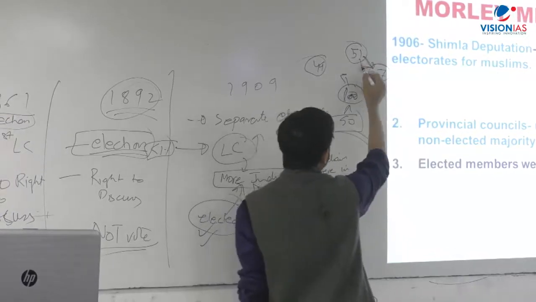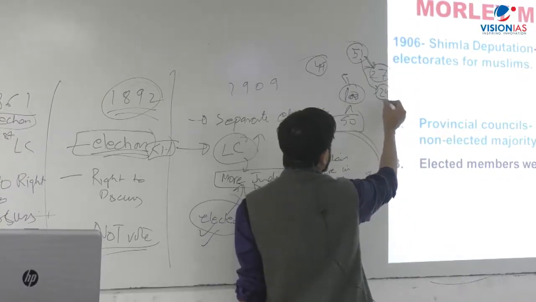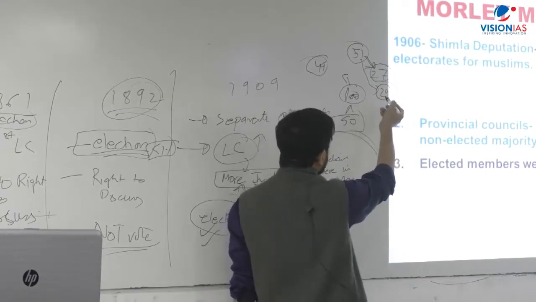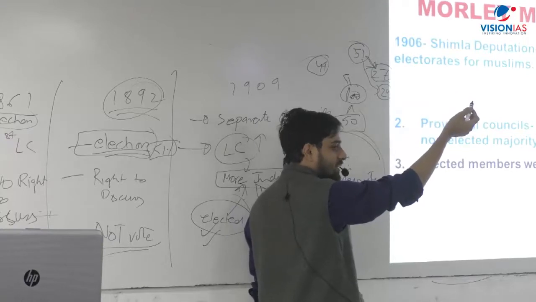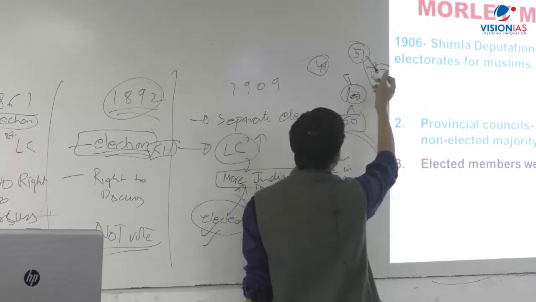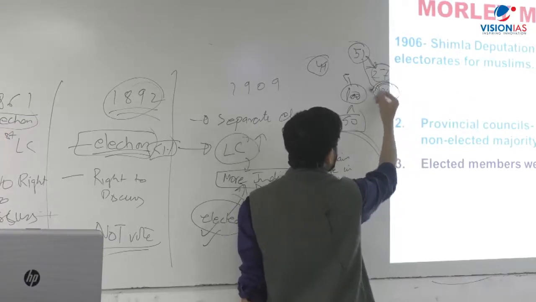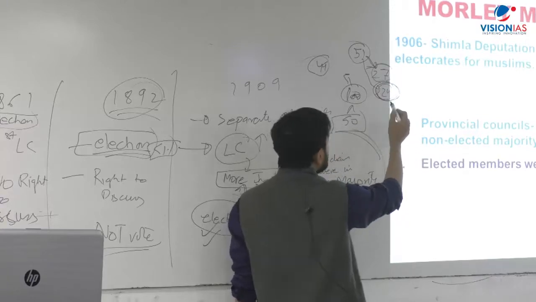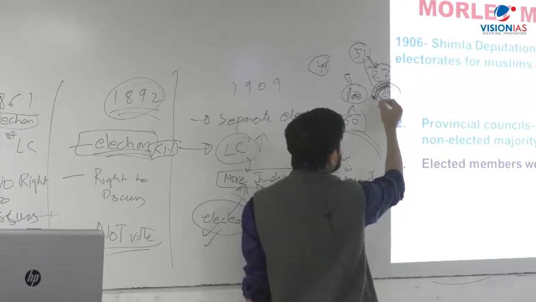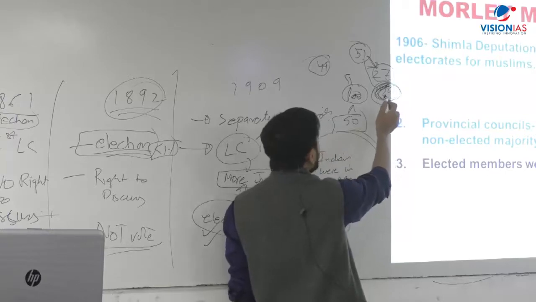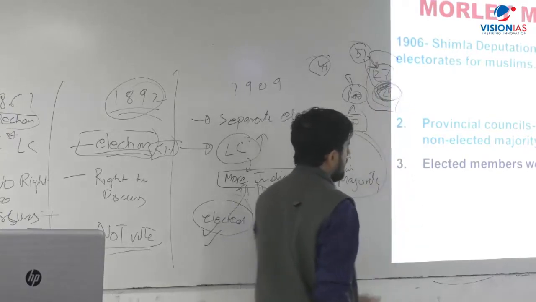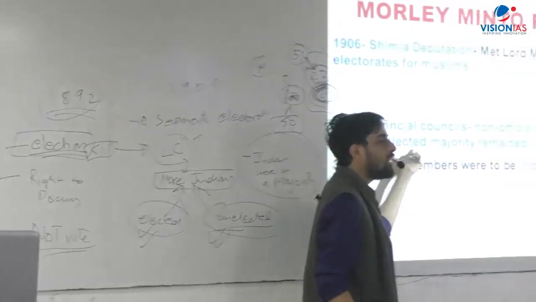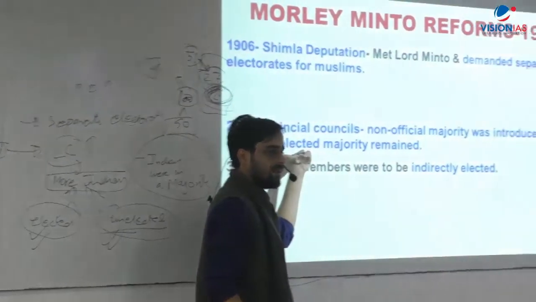The rest, 51 minus 27, is 24 only, right? So the rest 24 were to be appointed by the British. These were Indians who were not elected but were appointed by the British. So even when Indians were in a majority, the non-elected majority remained.